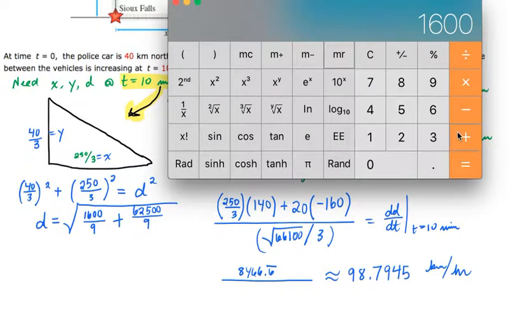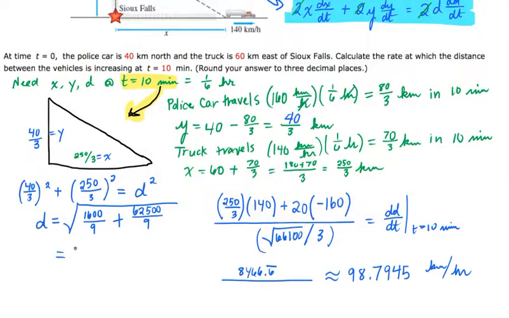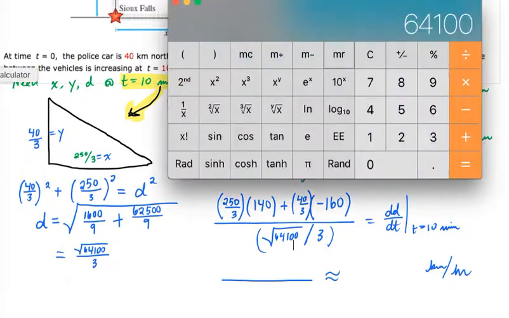So plus 62,500 is 64,100 over 9. Then that changes this number right there, and the number under that radical, which changes that. I think all of the other numbers are correct. So instead of 20, I should have had 40 thirds there, and then under that radical we have 64,100. Let's see what that comes to.